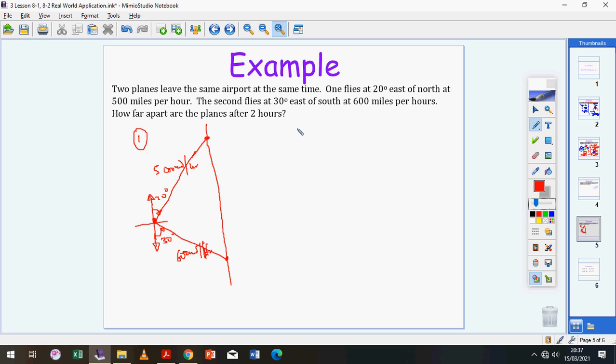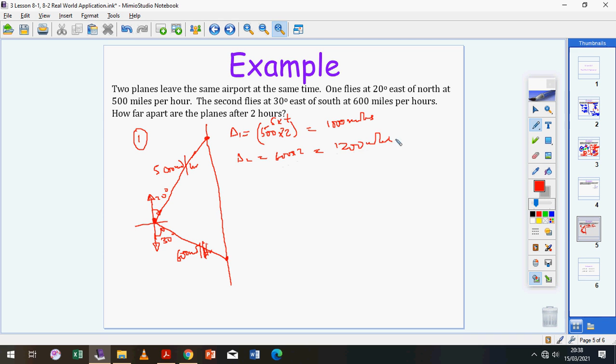So after 2 hours, that plane is going to be 500 times 2 miles away, because remember distance is speed times time. So it will be 1,000 miles away, right? And then the second plane after 2 hours will be 600 times 2 miles away, which is 1,200 miles away.